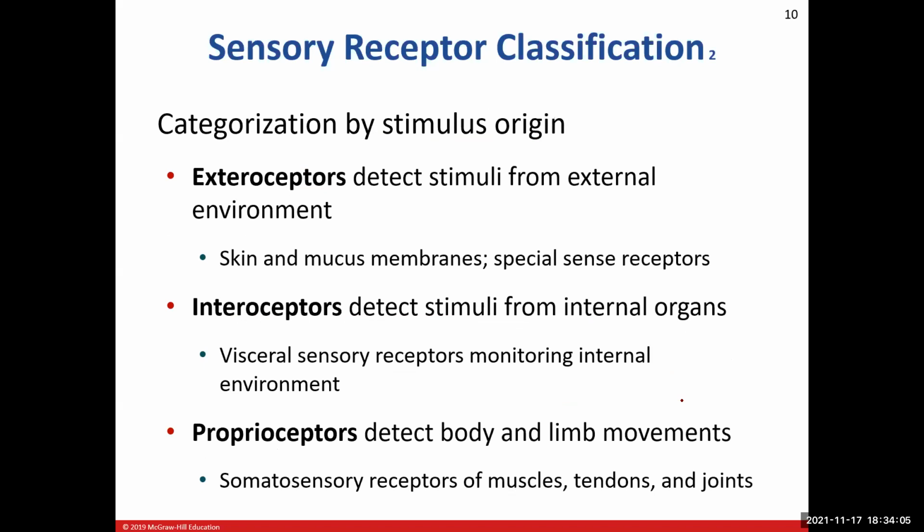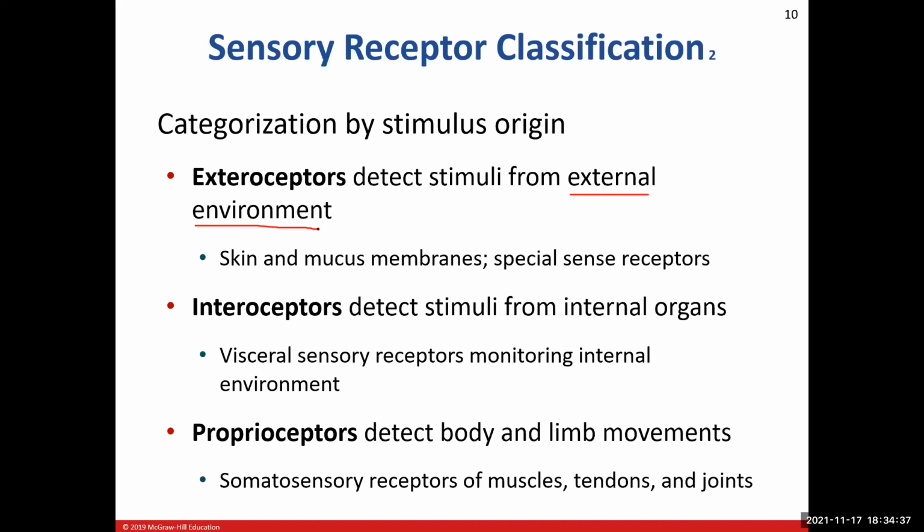So let's talk about the origin of the stimulus. This is the second way to classify our sensory receptors. And so we have three categories. We have exterior receptors, interior receptors, and proprioceptors. The exterior receptors, exterior stands for receptors that are going to pick up the sensory information from stimuli that are outside of your body.